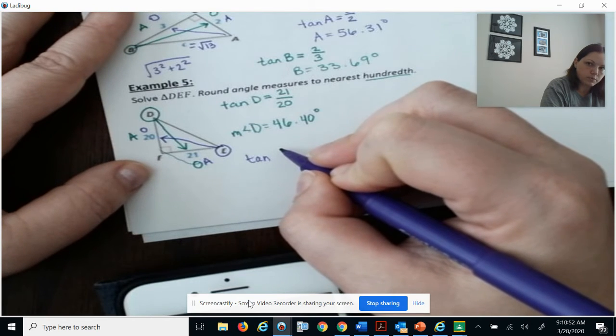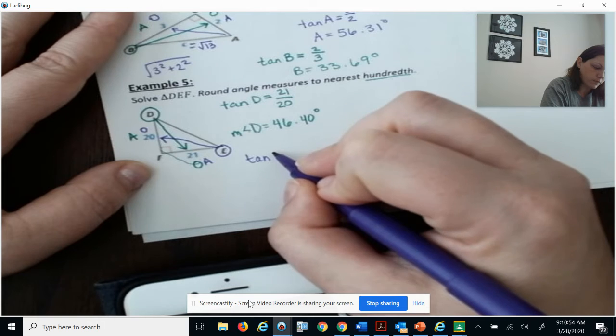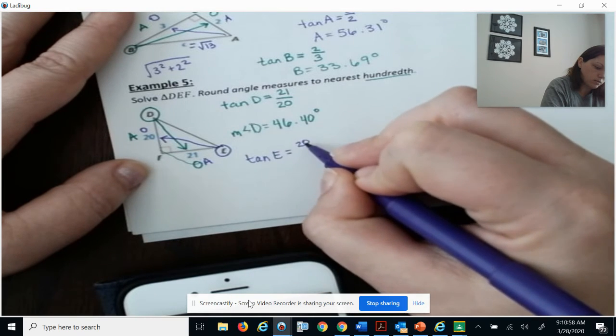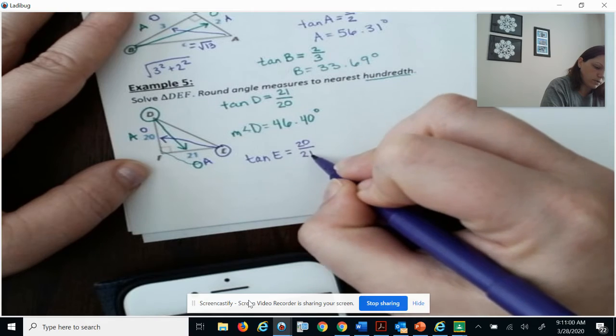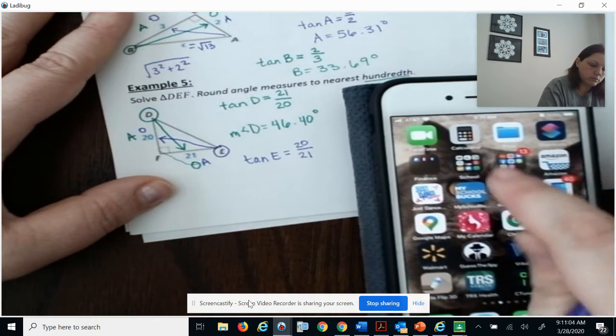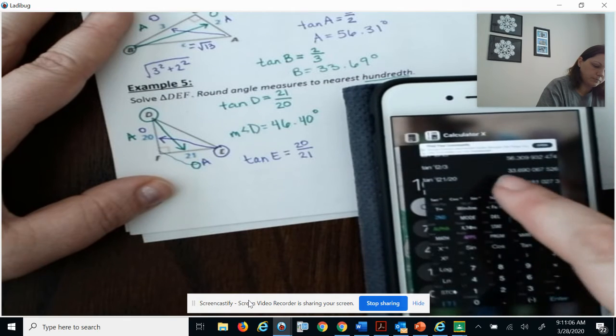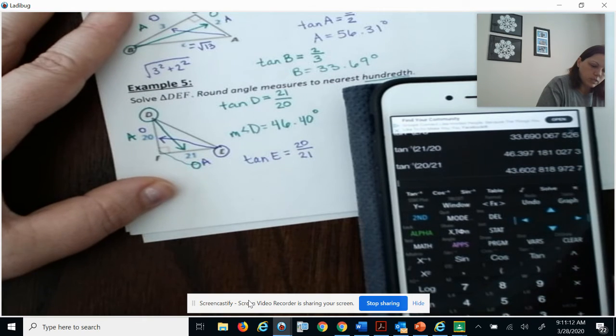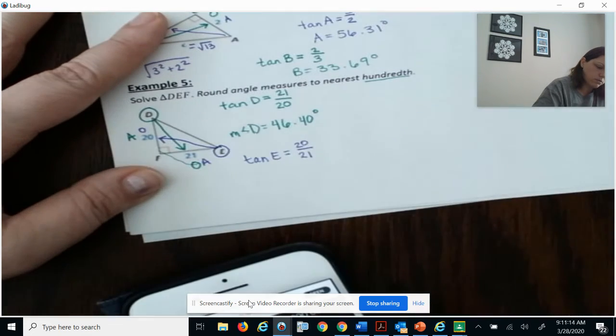These are just examples that both happen to be tangent. So tangent of E equals opposite was 20, adjacent was 21. We'll put it in our calculator. Second tan, 20 divided by 21, 43.60.